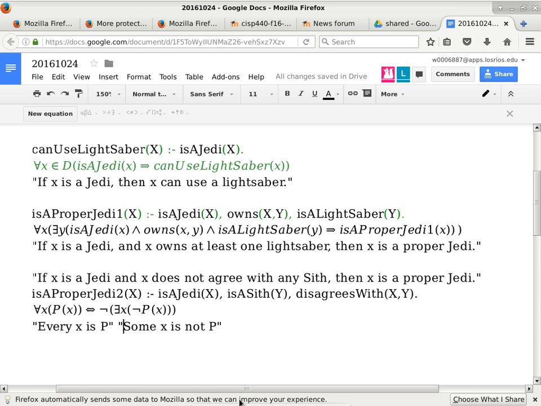Okay, it is not true that some x is not p. So now the question is, can we say this? That's the question. What do you think?